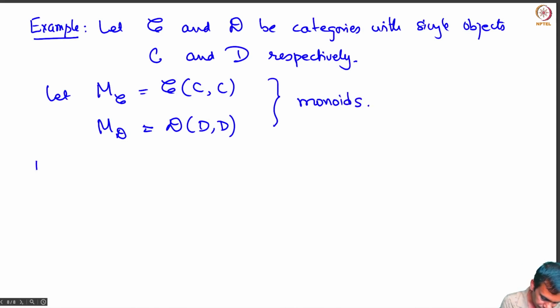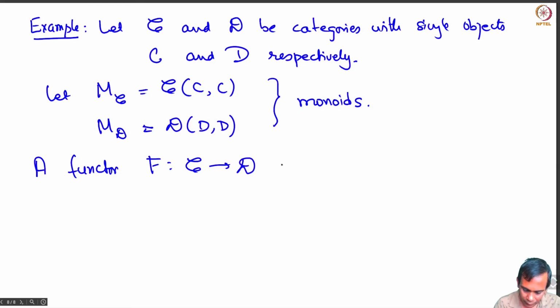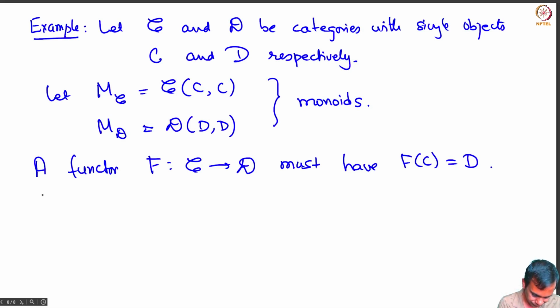And a functor F from C to D must satisfy, there's only one object, so it must take this object to the only object of D. And so the only question is, what does it do on arrows?